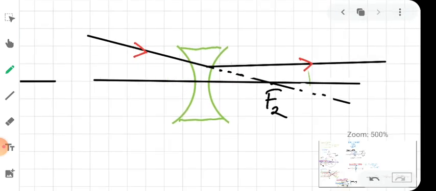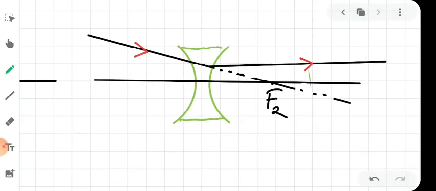Now coming to the third case, where the ray is appearing to approach F2. See, in fact, when you shoot this light from the other side, it tends to approach F2. These are dotted lines because they are not real, but in fact it's supposed to go through F2. That's what it means. But as it enters the lens, it deviates.